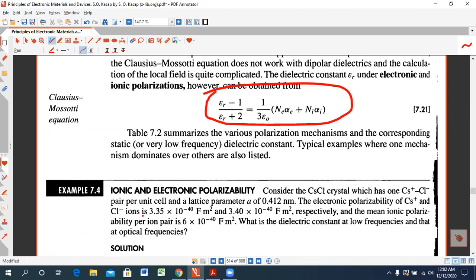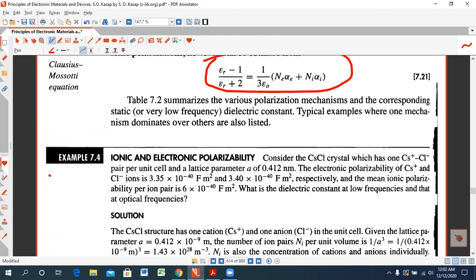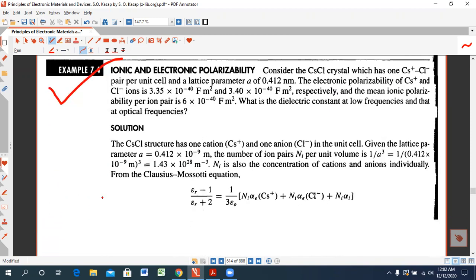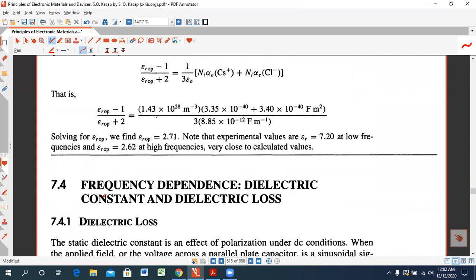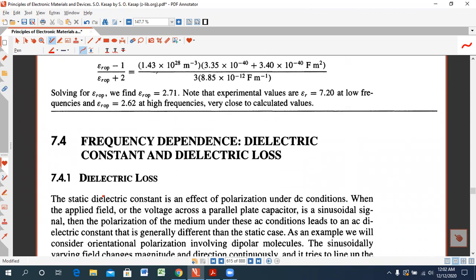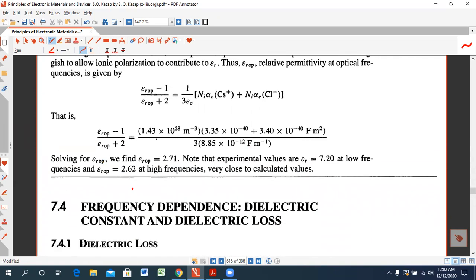Using this formula, you also have to solve example 7.4. This will be our 10th lecture. In our next lecture, we will start from the frequency dependent dielectric constant.